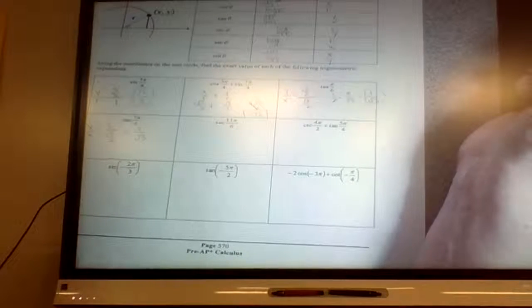How about secant for 11 pi over 6? Try that one.